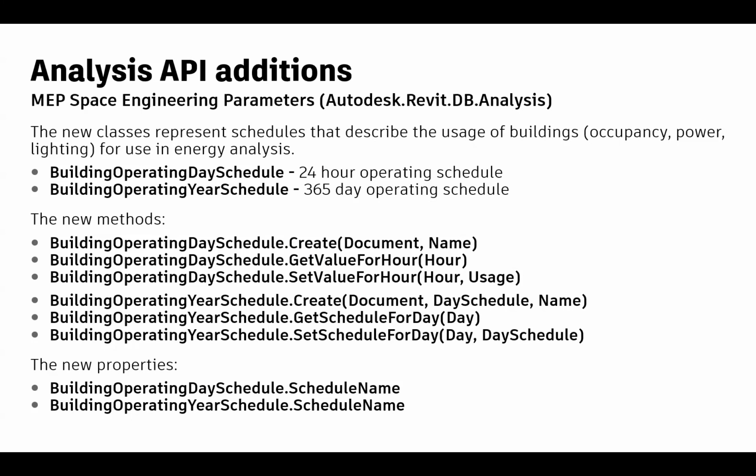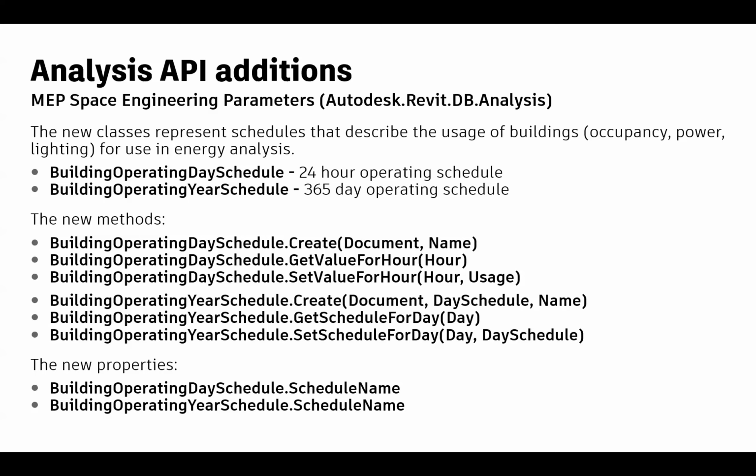There are more analysis API additions and the new classes represent schedules that describe the usage of buildings, occupancy, power, lighting for use in energy analysis. This is new functionality.